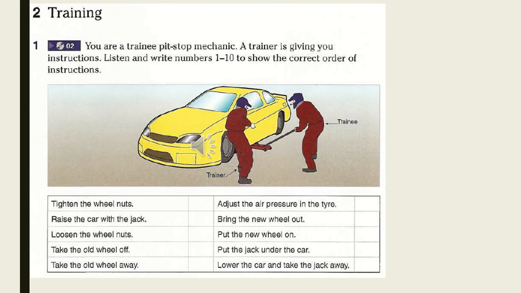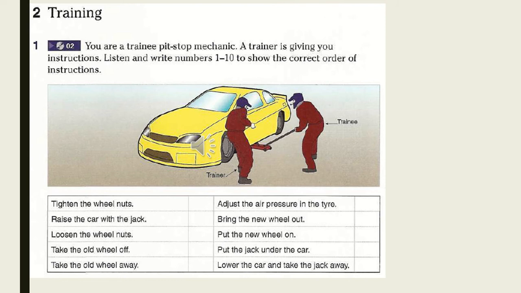Right. Now you're going to use the jack. So, first of all, put the jack under the front of the car, okay? Yeah. And then raise the front of the car carefully. Have you done that? Yeah. Right. So, now take the wheel off and put it down next to you on the ground. Yeah, I've done that. Good. Now get the new wheel, pick it up, and put it on the car. Have you done that?